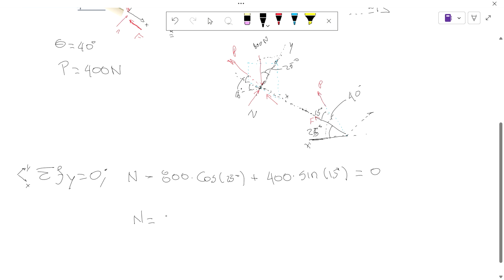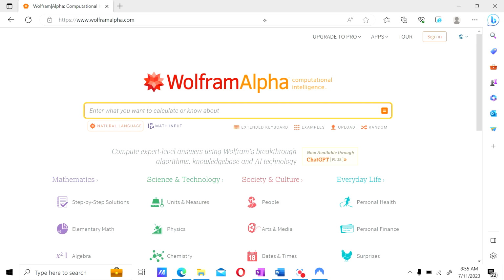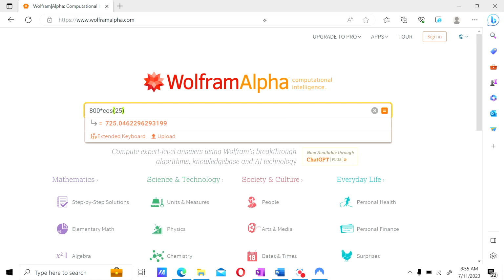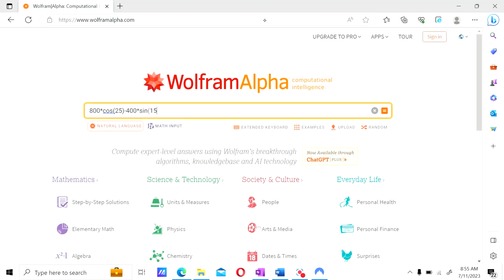And equals to 800 times cosine of 25 minus 400 sine of 15. Then we know that our normal force is equal to, let's see, 800 times cosine of 25 minus 400 times sine of 15.